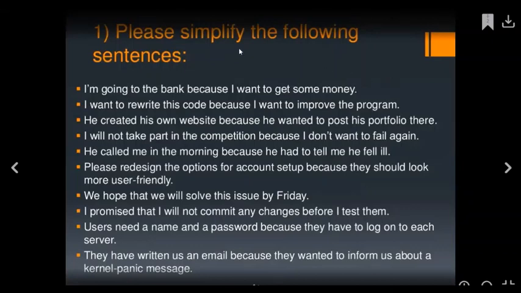Florencia, please help me with the number 4. I will not take part in the competition because I don't want to fail again. ¿Cómo lo harías? I will not take part in the competition to fail again. Ok, good. No tomaré parte de la competición para no fallar. Algo así.